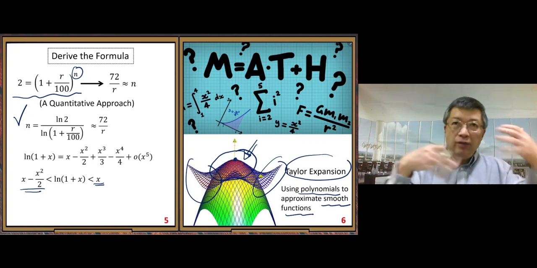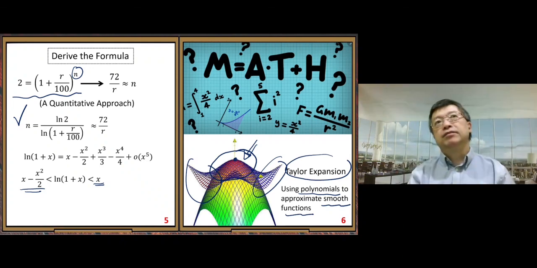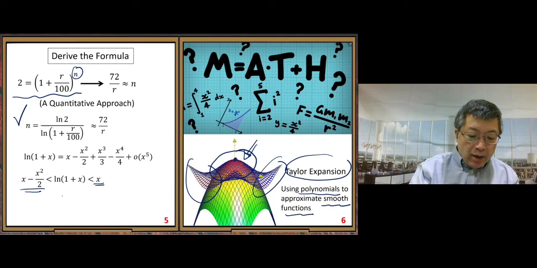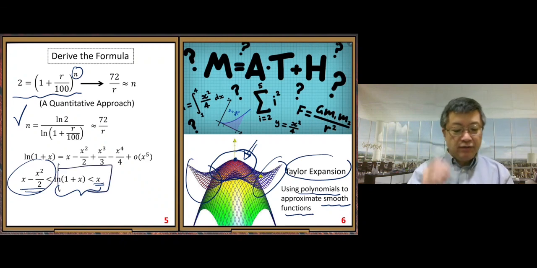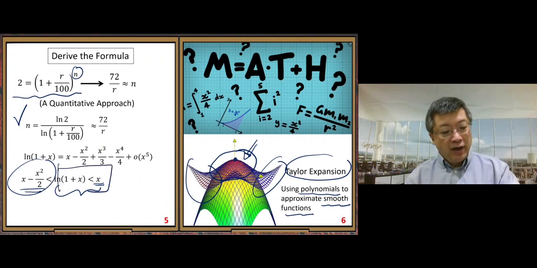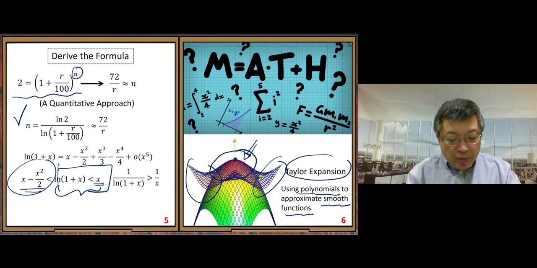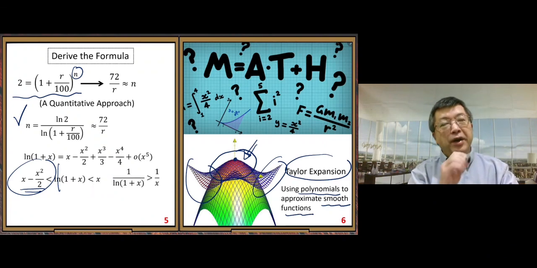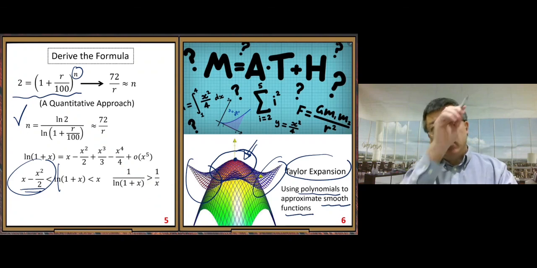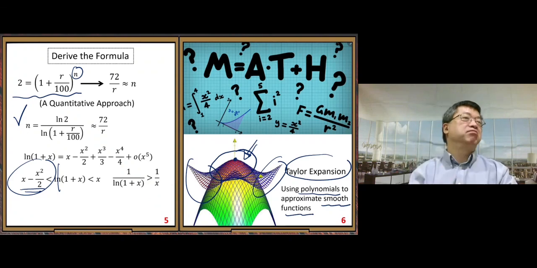But here, we just try to understand the reasoning behind it. Here we only use this part. We do not need to use that part. That's enough. We take the reciprocal, and we have this inequality: 1 over natural log of 1 plus x is greater than 1 over x.